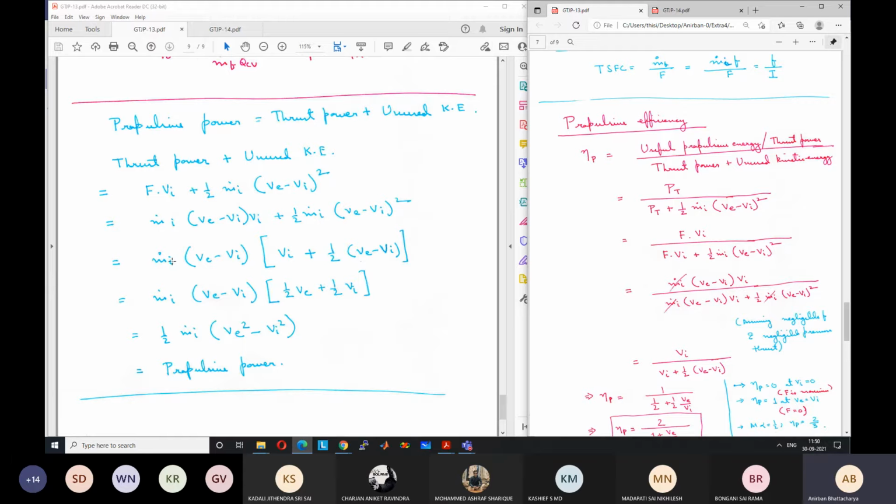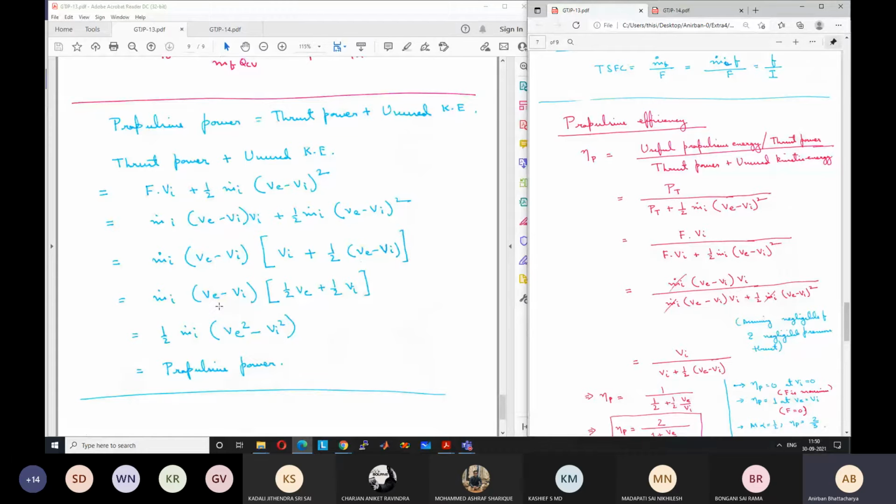If you take m dot I V minus Vi as common, we are left with Vi plus half V minus Vi. So this is equal to m dot I V minus Vi into half. This Vi minus half Vi gives half Vi, and we also have half V. So half V plus half Vi, which leads us to half m dot I V square minus Vi square.